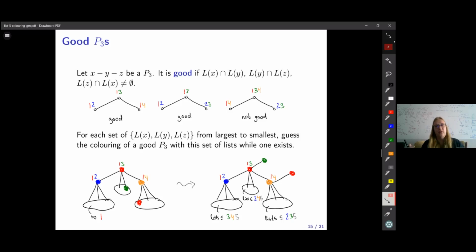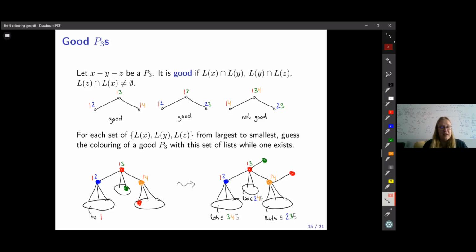And as we do this, convince yourself for a second that being frugal survives reducing lists, because it says for every vertex and every color in his list, something good happens. But if I reduce lists, then a coloring still remains frugal if I go to a subset of the list, or in fact, a subset of the vertices.